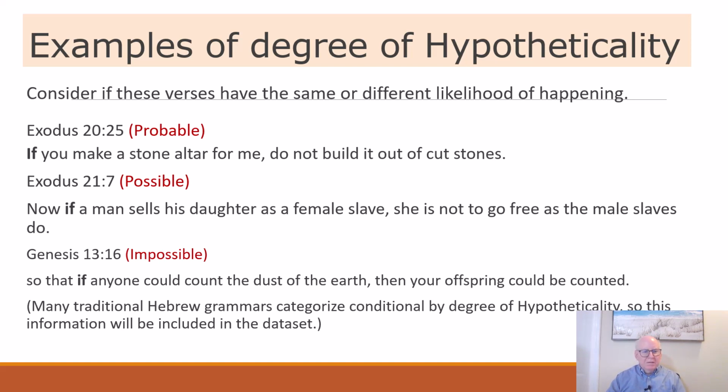So I think that's clearly impossible. So the data set will mark passages with the system. There's also the factual, if it's just stating something that's already happened. And you'll see there's some of that in the data.